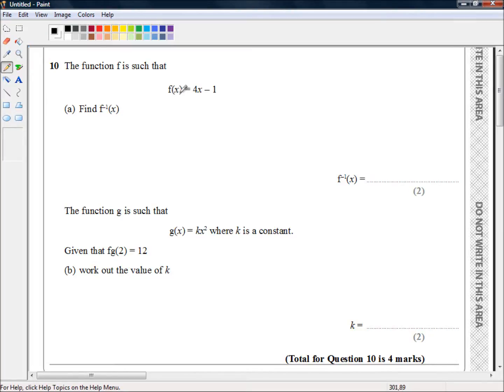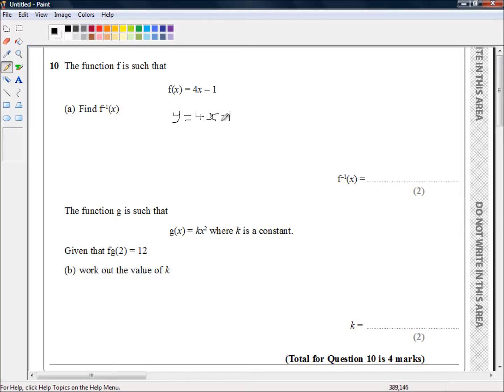So let's replace this f of x with y. So we've got y is equal to 4x minus 1. So we've plugged in our value for x and we come out with something that's y. So we want this function to be something that if we plug y in, we're going to get x out.